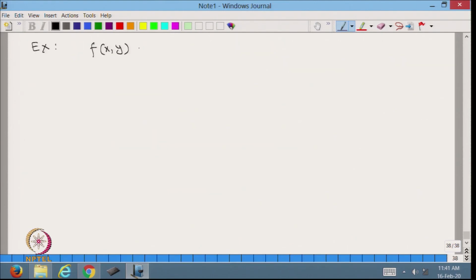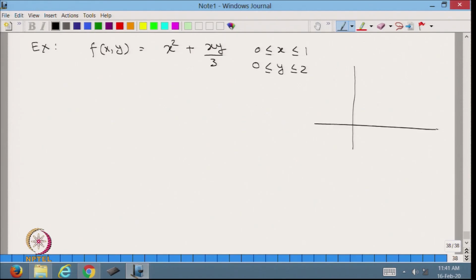f(x,y) is equal to x square plus xy upon 3 when 0 less than or equal to x less than or equal to 1 and 0 less than or equal to y less than or equal to 2. That is, if this is the 2D plane and we have 0 and 1 on the x axis here and 0 and 2 on the y axis here, therefore, omega is the points in this rectangle.